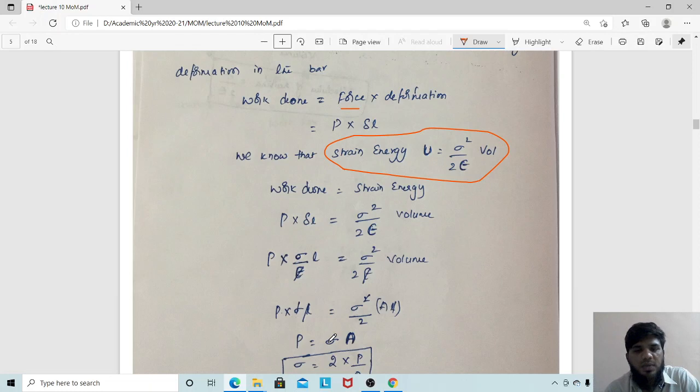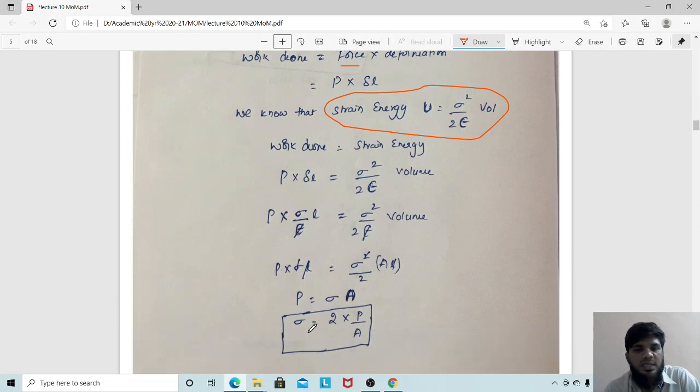Sorry, I have made a mistake here, so let me rectify it. I have noticed that. So sigma into A divided by 2 is left out. So sigma is equal to 2P by A.